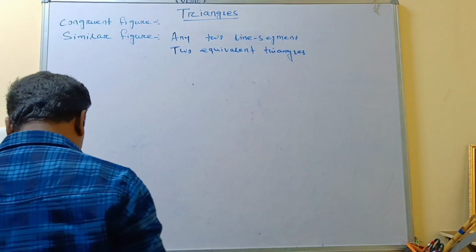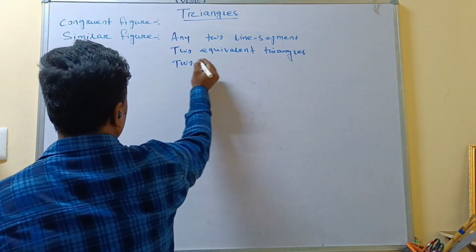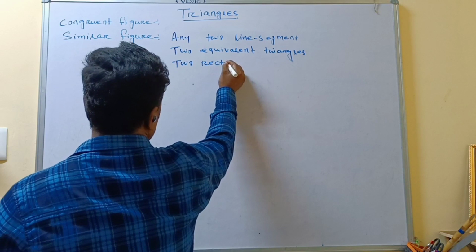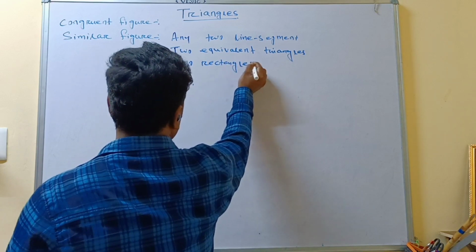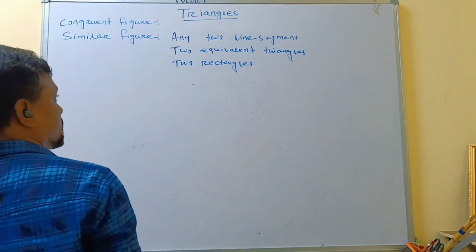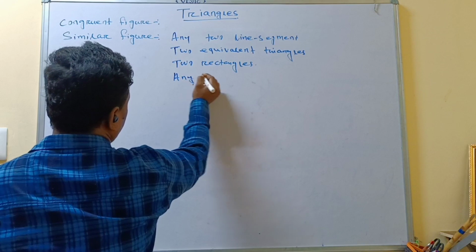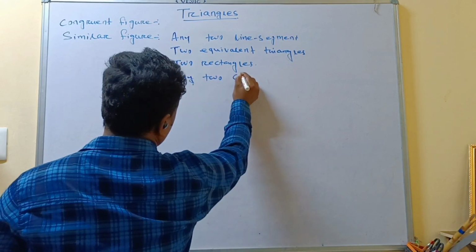Similarly, we can take any two rectangles... or we can say any two squares are similar. Any two circles we can say are similar.